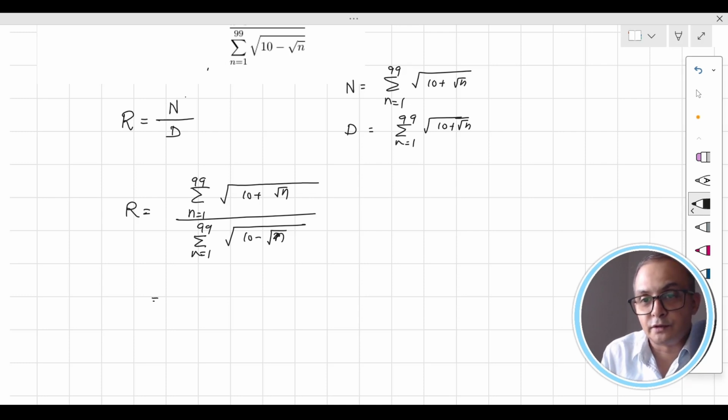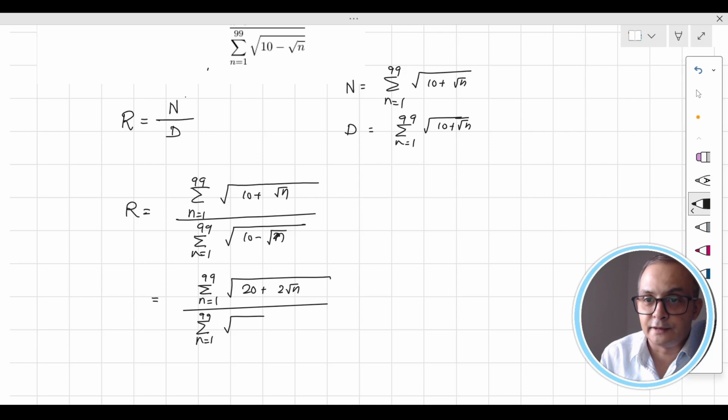So we get the sum for n from 1 to 99 of the square root of 20 plus 2 root n. In the denominator, again the same thing, the sum for n from 1 to 99 of the square root of 20 minus 2 root n.